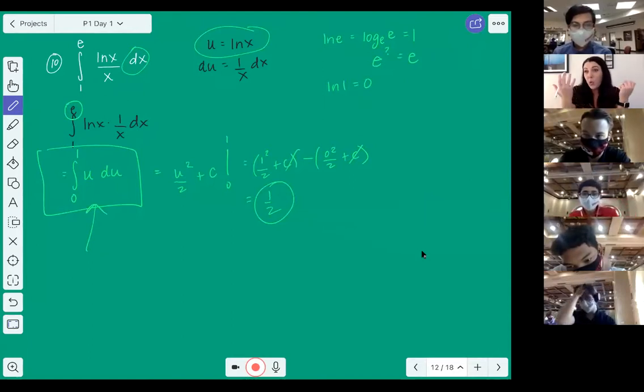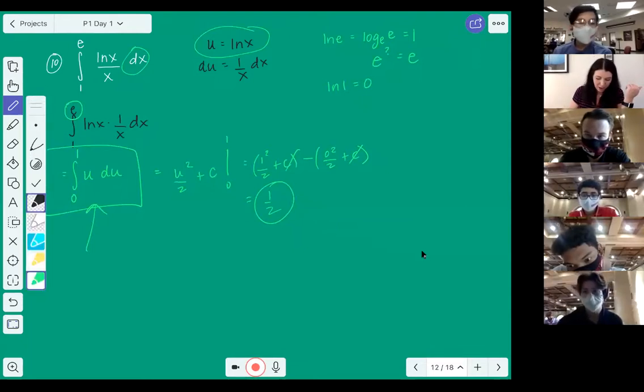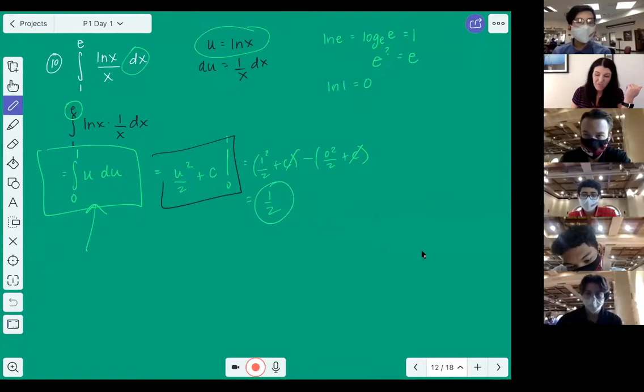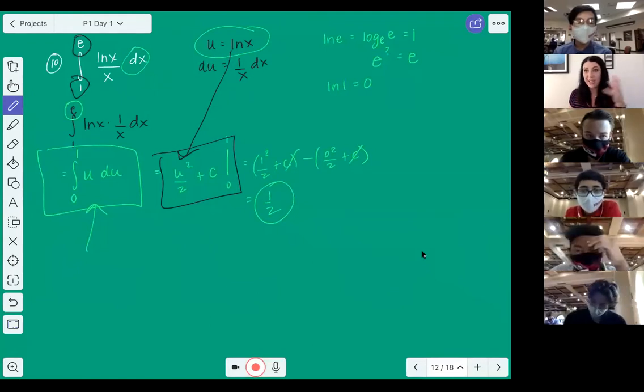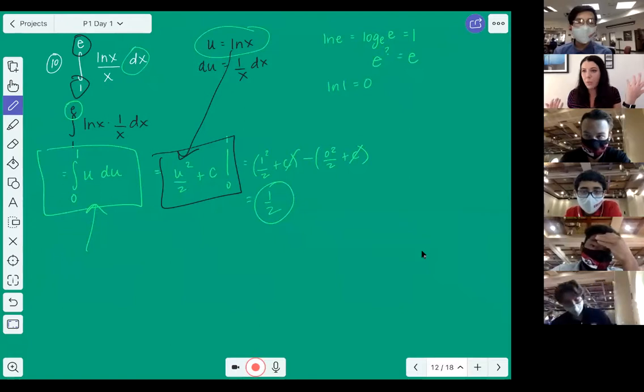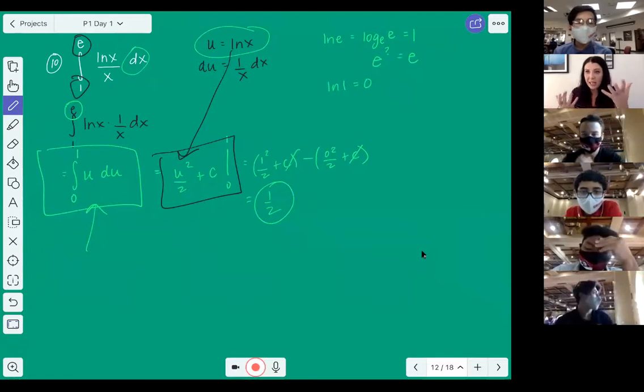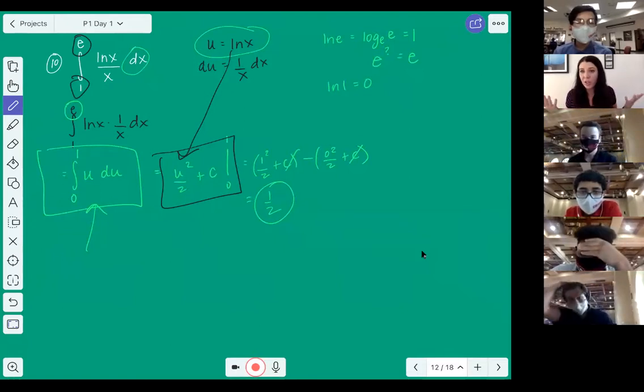Okay, so what you could do, it would just be way more work. After you got to this step, Augie, you could go back and plug this in for u, and then go back and plug in these bounds, because those are x's, and then evaluate. That would just be way more work because they're exactly equal to one another. So you could do that, you get the same answer.